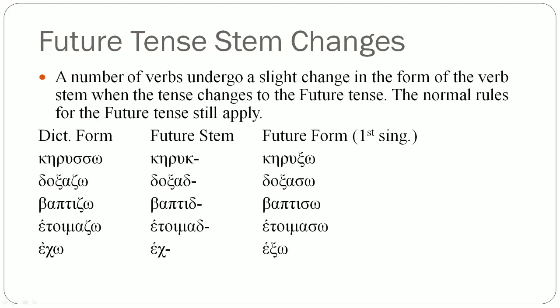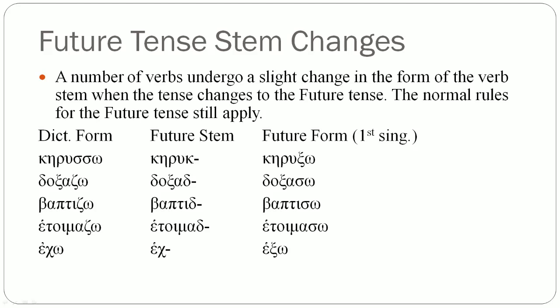In the future tense, the stem will change to delta, omicron, xi, alpha, delta. And if you remember from the amalgamation chart, delta is one of the letters that drops out in front of the sigma. So the future form, first person singular, is delta, omicron, xi, alpha, sigma, omega, doxaso. I will glorify.